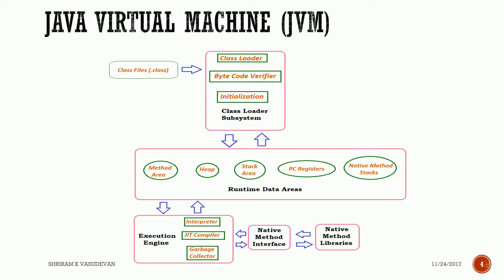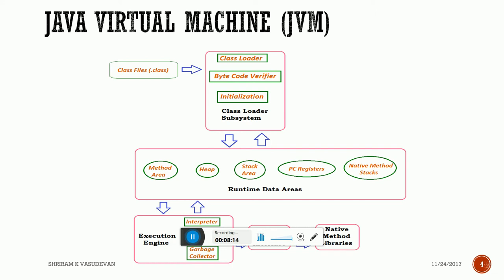That's it. And then the next area of discussion is runtime data areas, which will talk about all the memory components. I'm going to talk about it right now. So we will see that. We have 5 different memory areas there: method area, heap, stack area, PC register, and native method stacks.